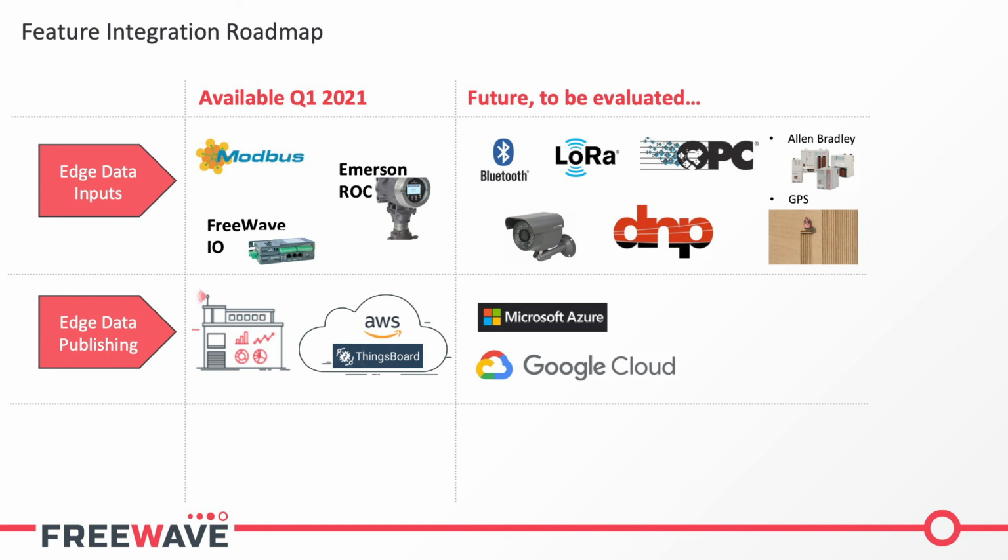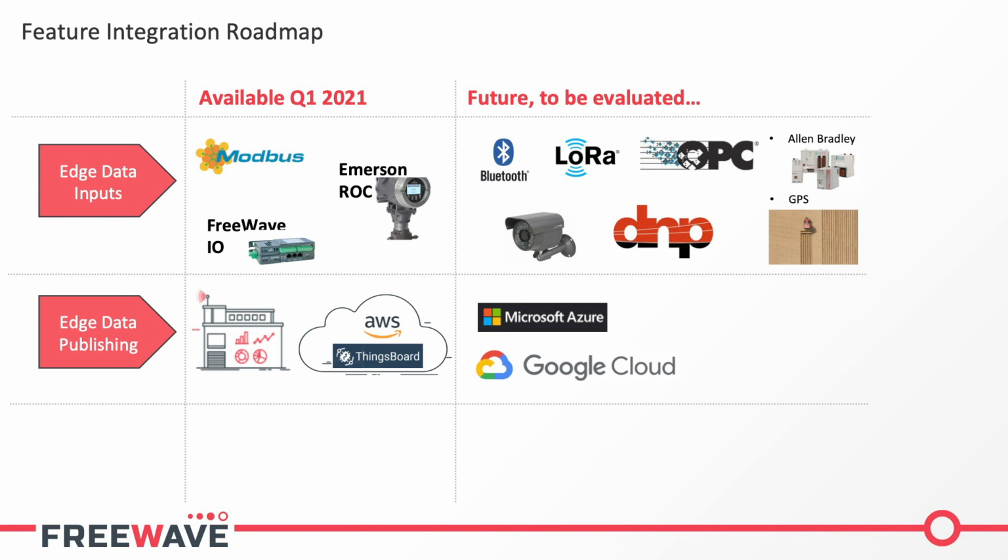In terms of where we take this next, we're looking at adding additional inputs in terms of Bluetooth sensors and bringing that into our data processing. In terms of additional protocols like OPC UA, DNP3, or Allen Bradley, we're looking at additional data publishing destinations like Microsoft Azure and Google Cloud.